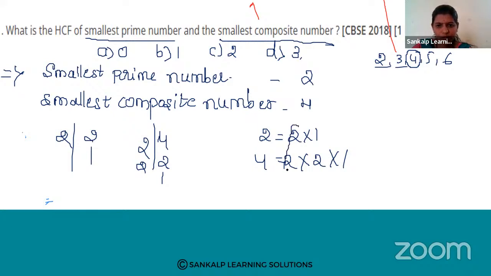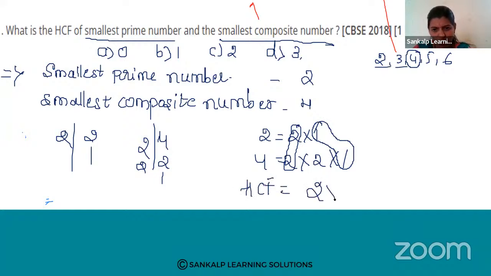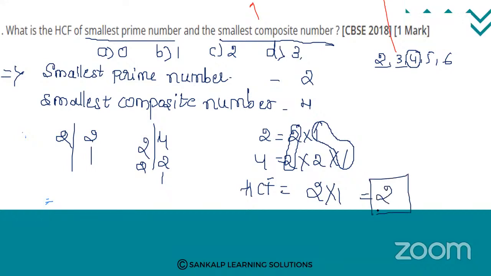Therefore, 2 is common. Next, 1 is also common. Therefore, HCF is equal to 2 into 1, which is 2. So the HCF of the smallest prime number and the smallest composite number is 2.